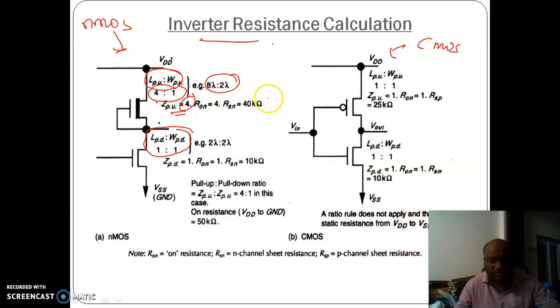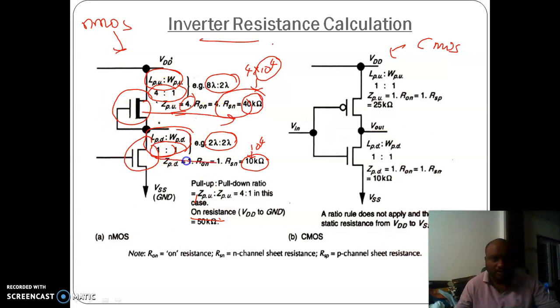In this case the resistance will be 4 into 10 power 4, where 10 power 4 is a typical value, so that represents 40 kilo ohm. And here 1:1 means we can regard it as 2 lambda by 2 lambda, so the resistance is only 10 power 4, that is 10 kilo ohm. So what is the on resistance of this inverter? This is a series combination of 40 kilo ohm and 10 kilo ohm. The pull up is always on, so when the pull down is on, the on resistance will be 50 kilo ohm.